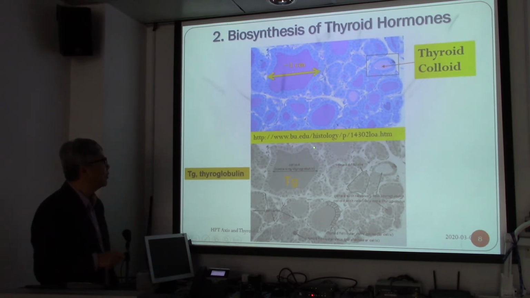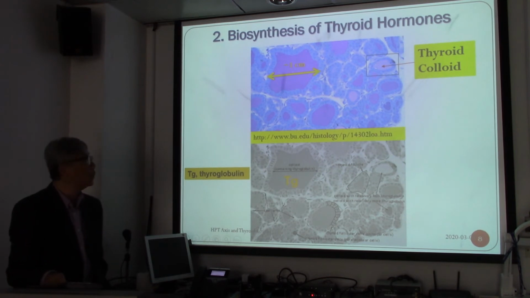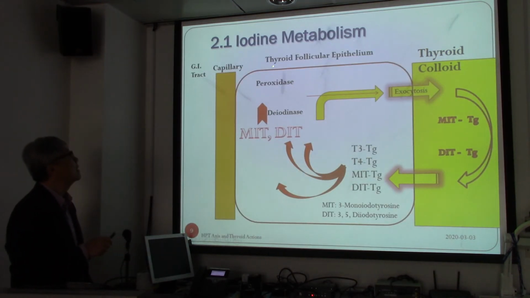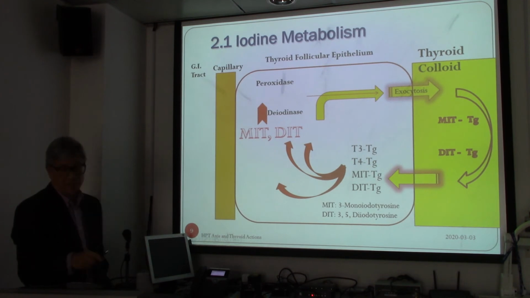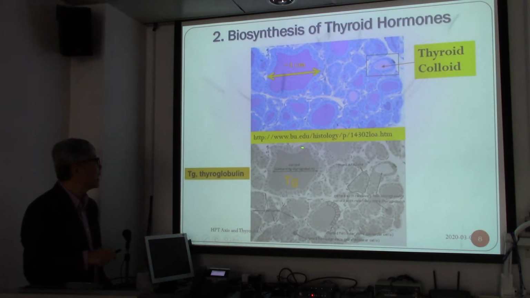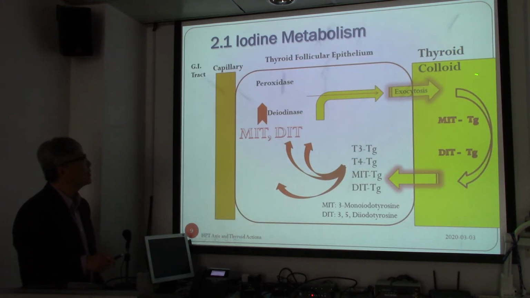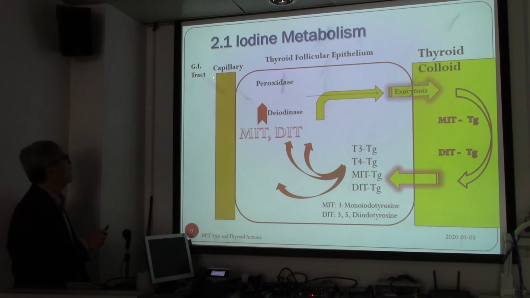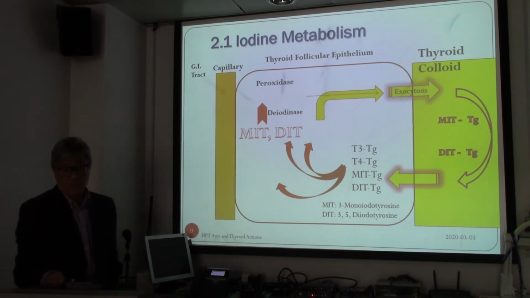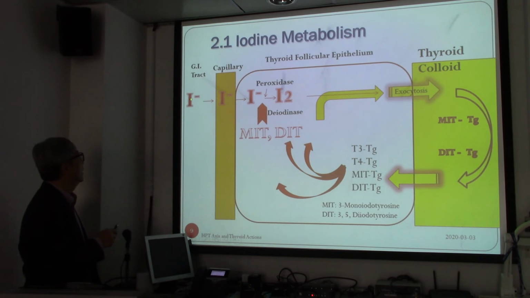Then we take a look at these cells and see what they do. Now this is the thyroid follicular epithelium cell. One side is in the colloid. Another side is from the capillary. So we learn in this slide about iodine metabolism. We absorb iodine in ionic form, and then use this enzyme known as peroxidase to convert it into I2.